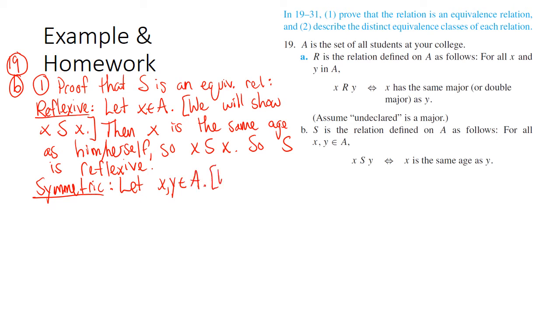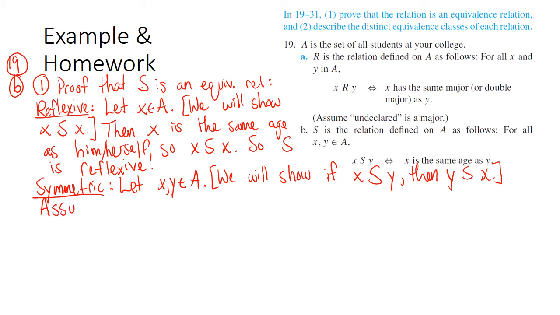Then we need to show that if x is related by S to y, then y is related by S to x. Okay, so we're trying to show an if-then statement. Whenever you're proving an if-then statement, usually you just assume the if part and then show the then part.